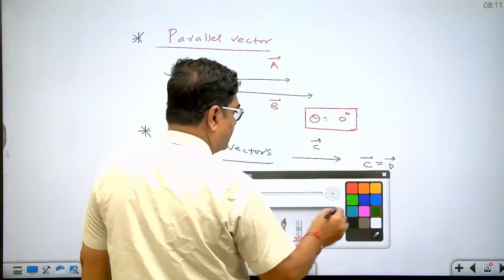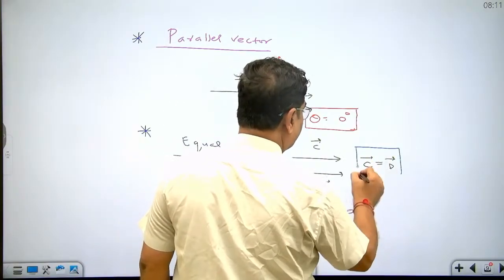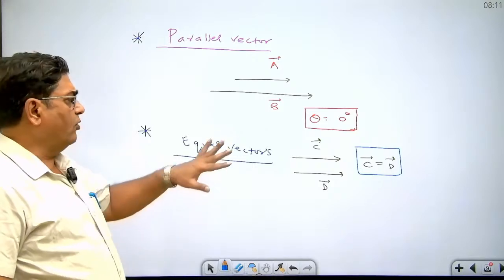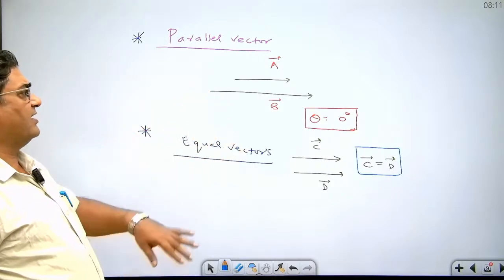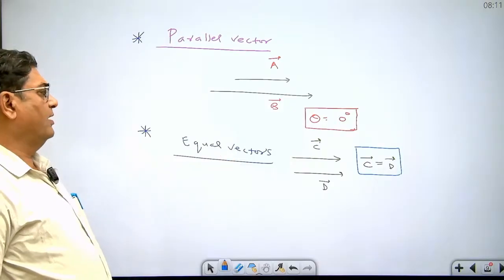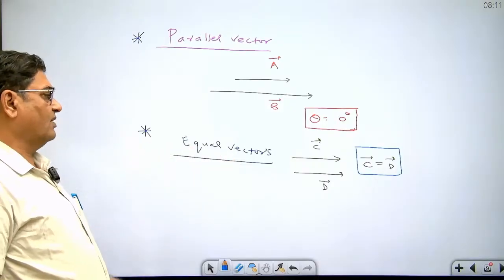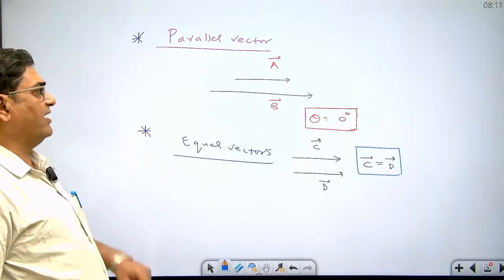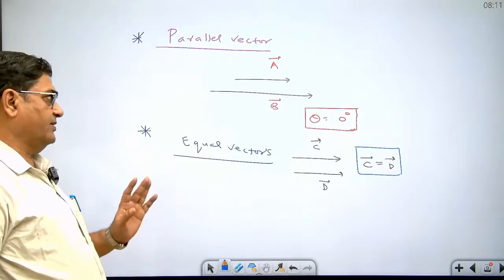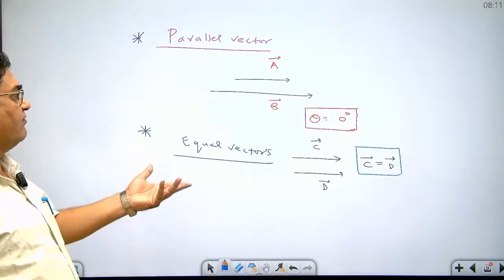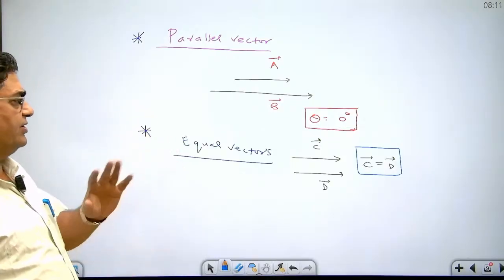So dear student, you can say all equal vectors are parallel vectors, but all parallel vectors may or may not be equal vectors, because equal vectors will have same magnitude as well as same direction, and parallel vectors will have only same direction. Angle between two equal vectors or between two parallel vectors is 0 degree.